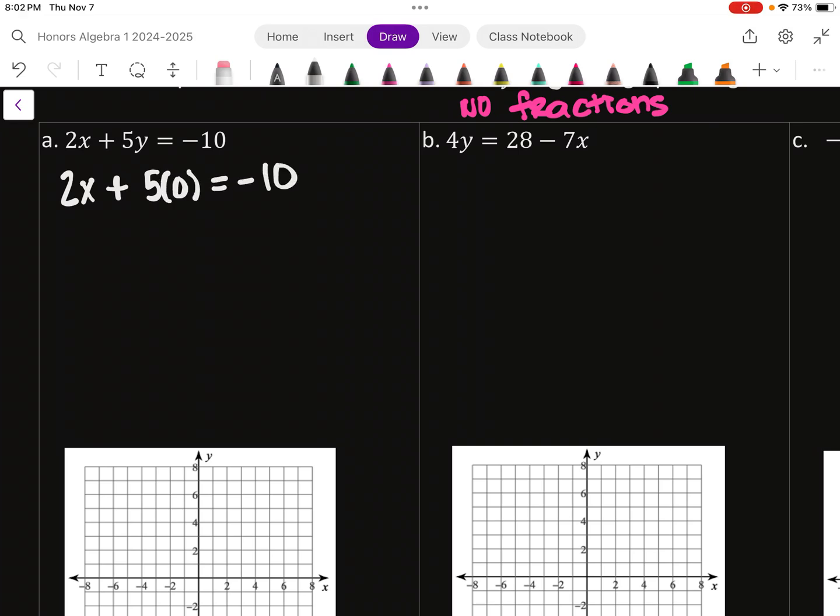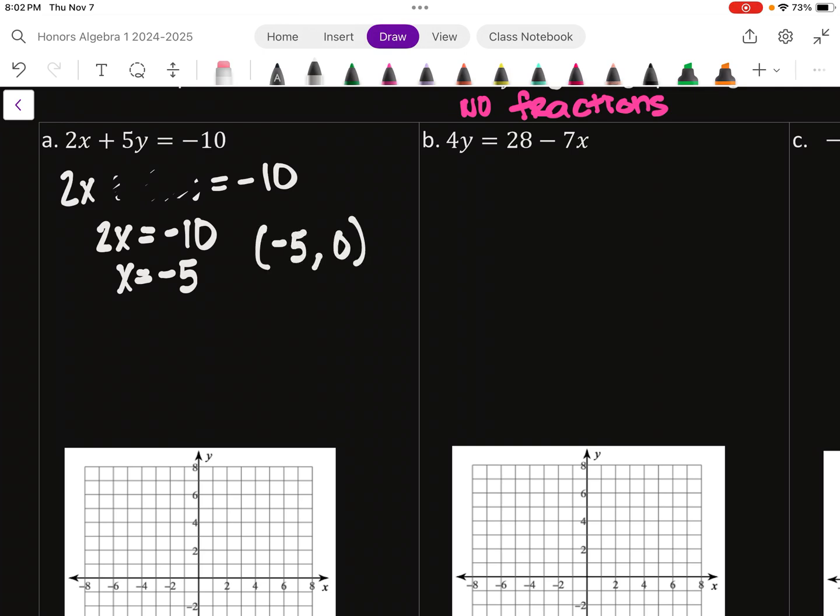Because when I plug in 0 for y, I can cover this up, and I'm left with 2x is equal to negative 10. So then x is equal to negative 5 by dividing, all right? And so I have (-5, 0) as my x-intercept.